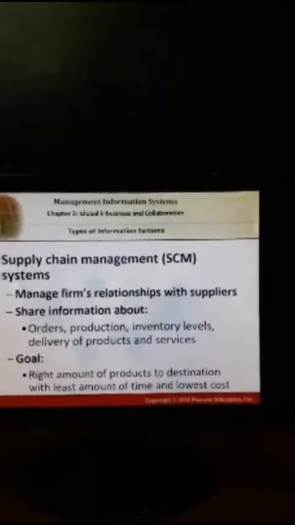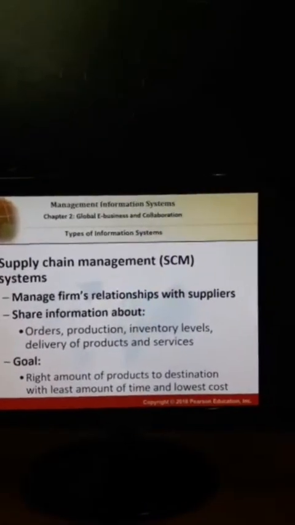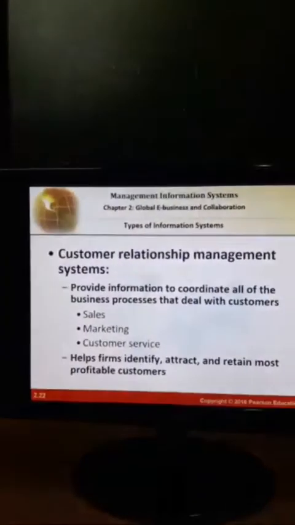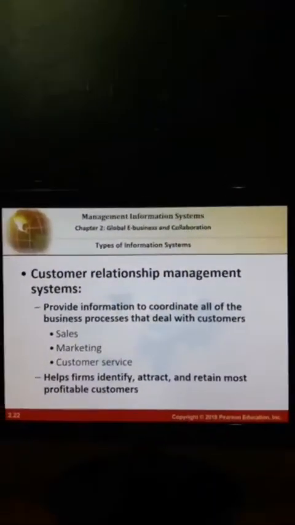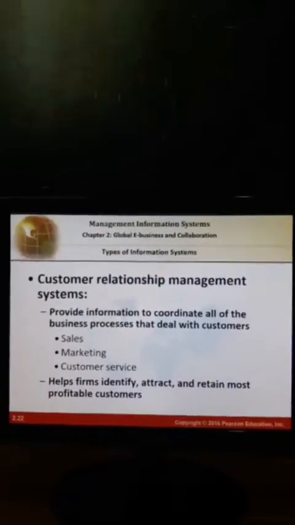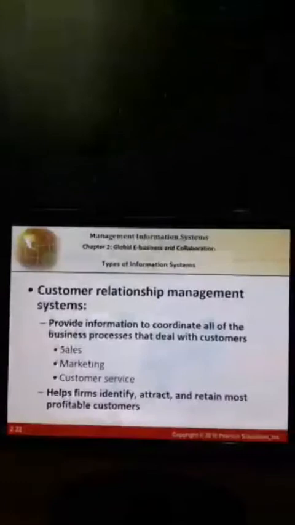Now this supply chain works on the back end, and on the front end, after producing the product, you need to link up with the customers, and we call that CRM, customer relationship management. So what is CRM? This is a system to link up with the customers.